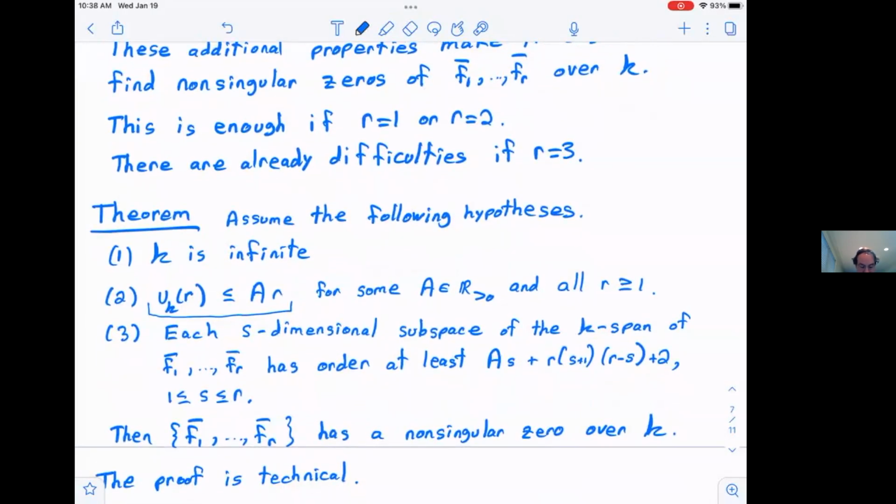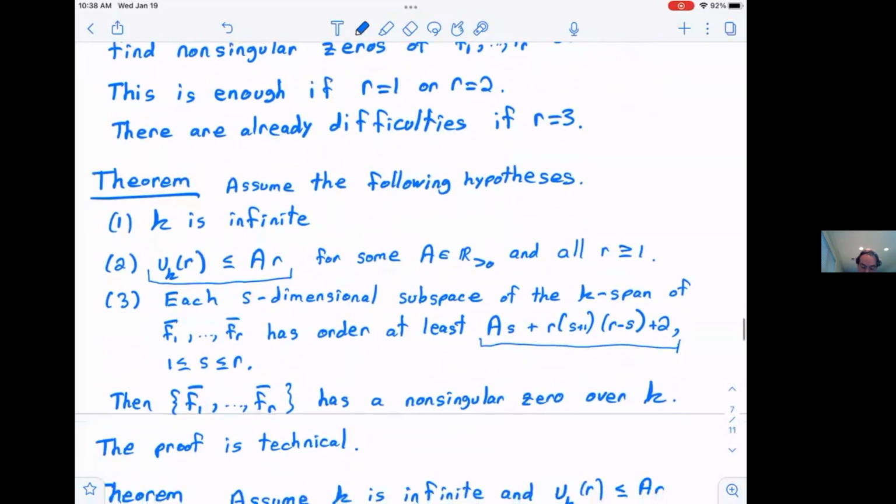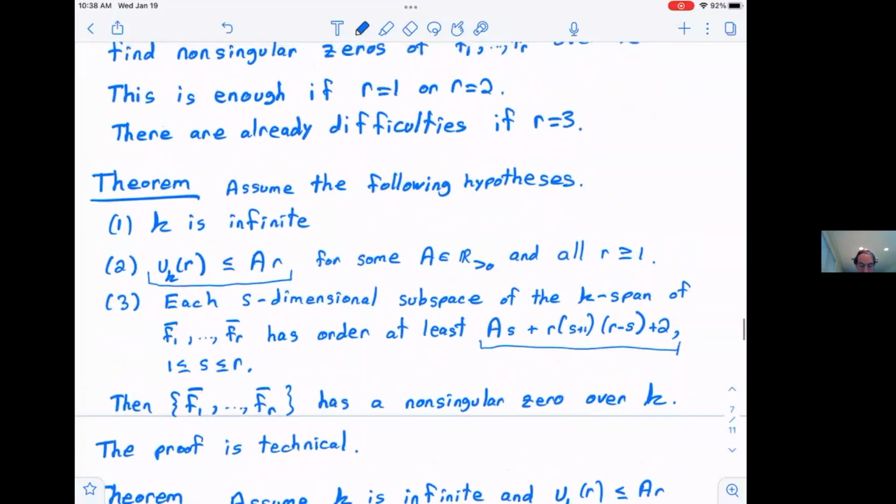Assume, this looks funny, but I just have to write down the condition, that each S-dimensional subspace of the K span of F1 bar through FR bar has order at least this completely unmotivated quantity for every S between 1 and R. Then F1 bar through FR bar does have a non-singular zero over K. And it says the proof is technical. It is. It's technical.